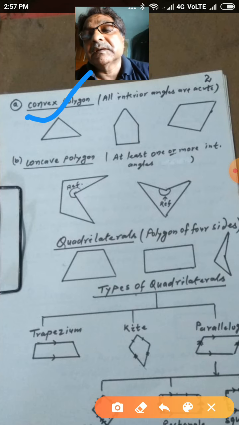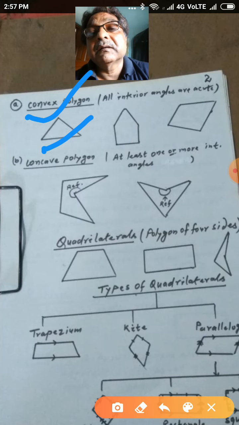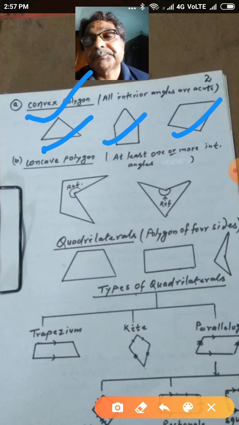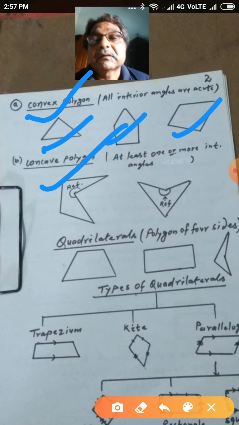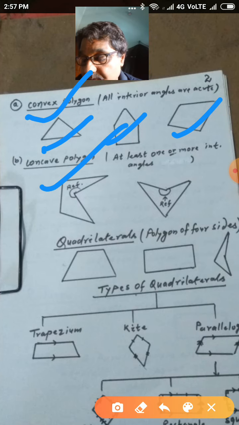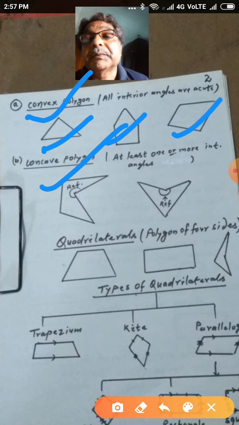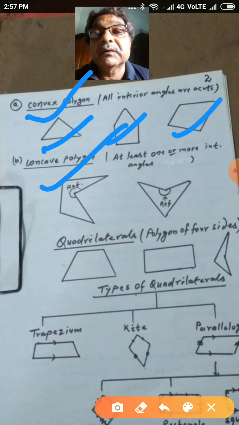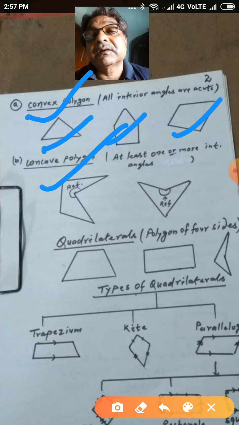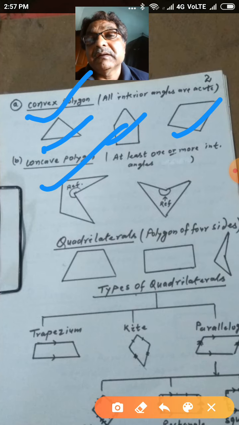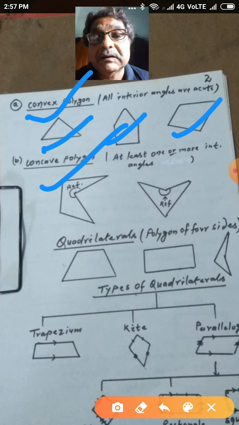Okay, so examples are triangle, pentagon, quadrilateral, etc. Second category is concave polygon. So students pay attention. In convex polygon, what happened? All interior angles are either acute or obtuse. Whereas in concave polygon, at least one interior angle must be reflex.